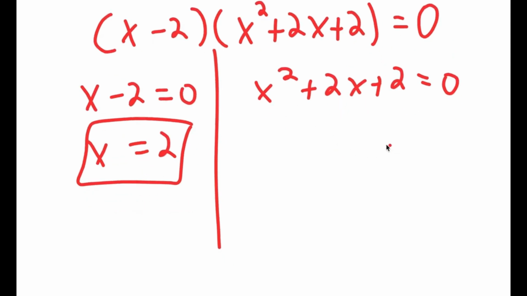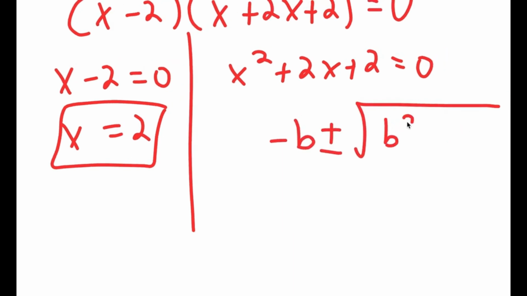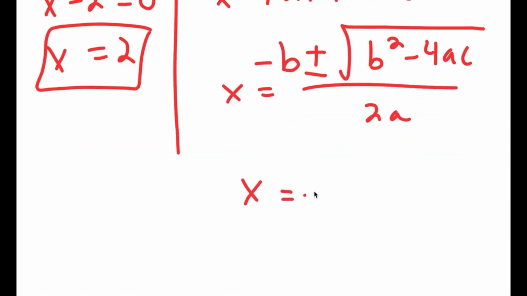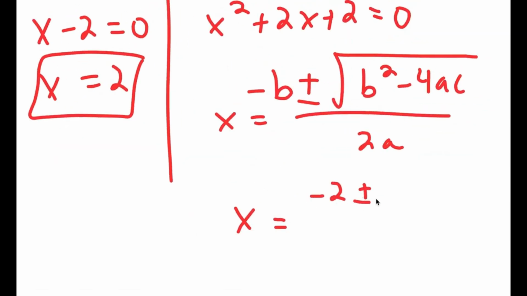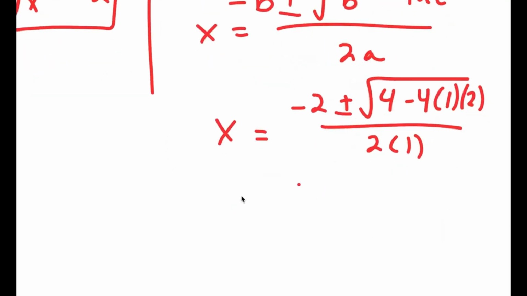Now for x squared plus 2x plus 2 equals 0, to solve this, we have to use the quadratic formula, which is -b plus or minus the square root of b squared minus 4ac all over 2a. So I get x is equal to negative 2 plus or minus the square root of 2 squared, which is 4, minus 4 times a, which is 1, times c, which is 2, all over 2a, so 2 times 1.